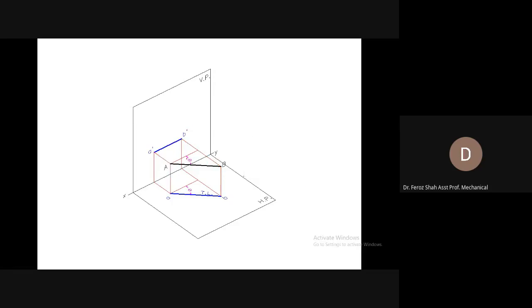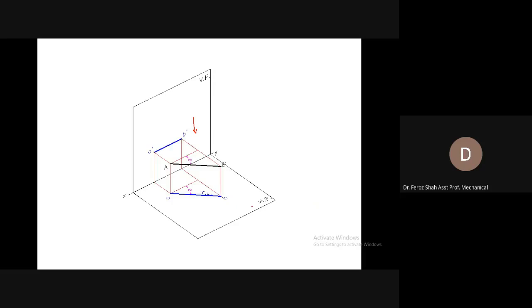Now the inclination with the vertical plane, that is phi, can only be seen in the top view. By looking at the line from the top, you can judge or see the angle phi.